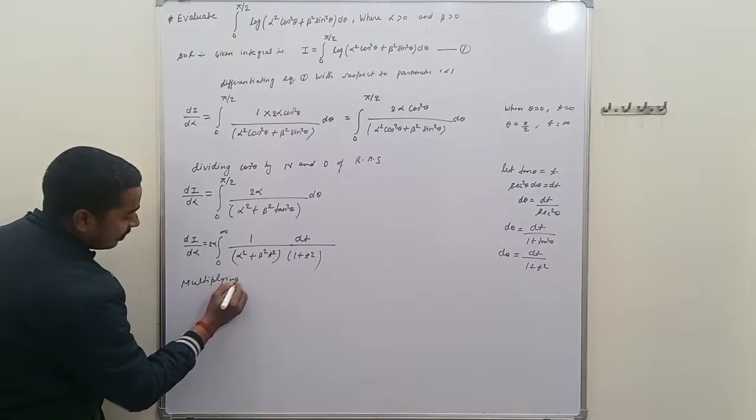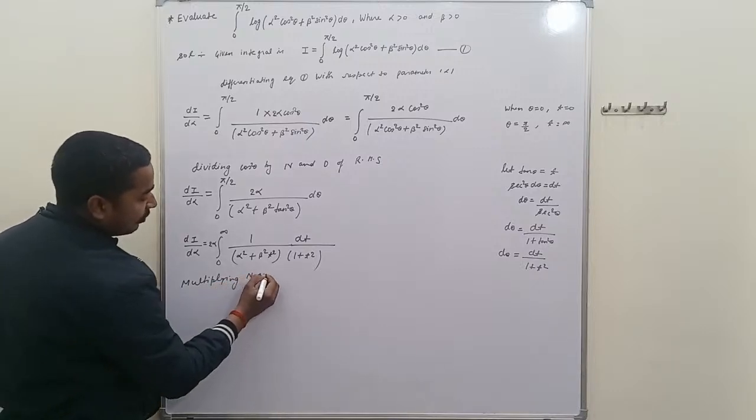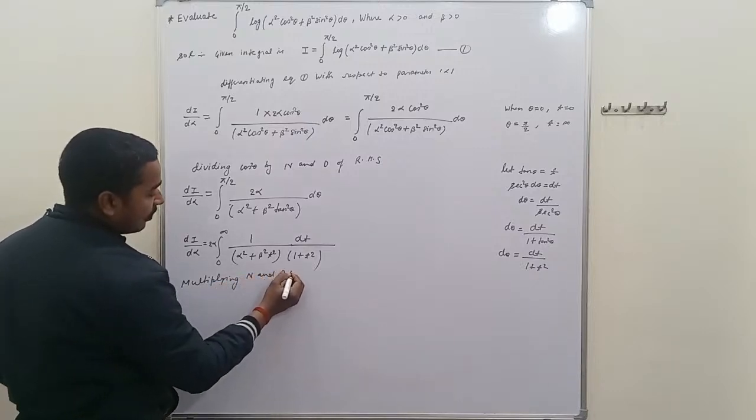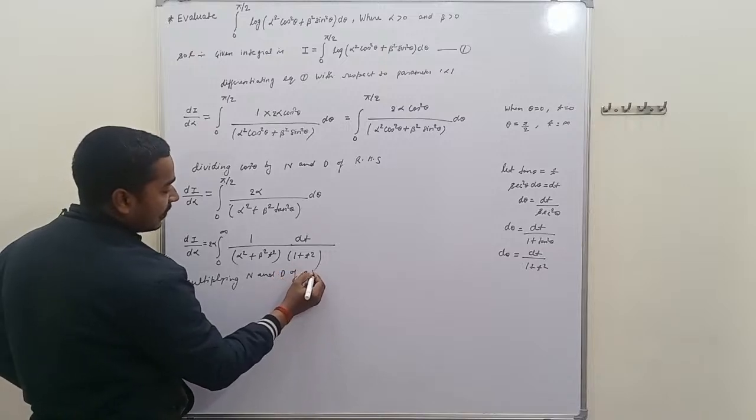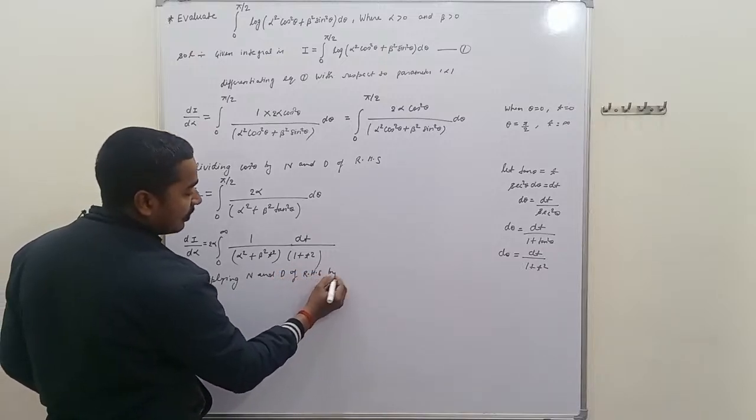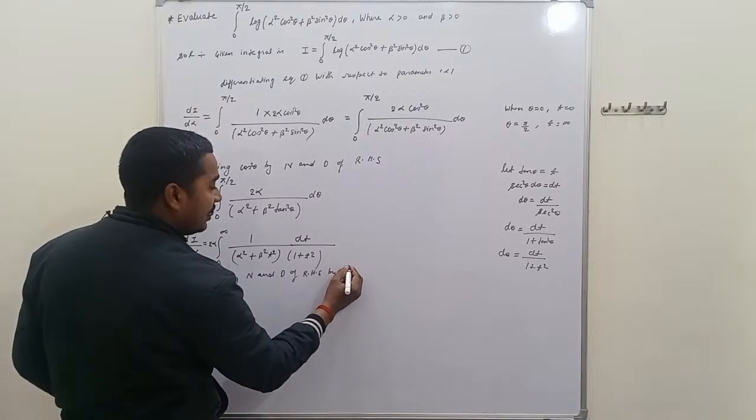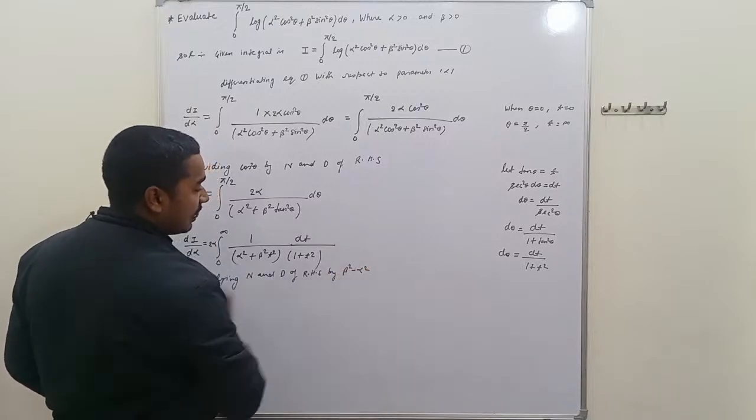Further we have to multiply the numerator and denominator of the right hand side by beta square minus alpha square.